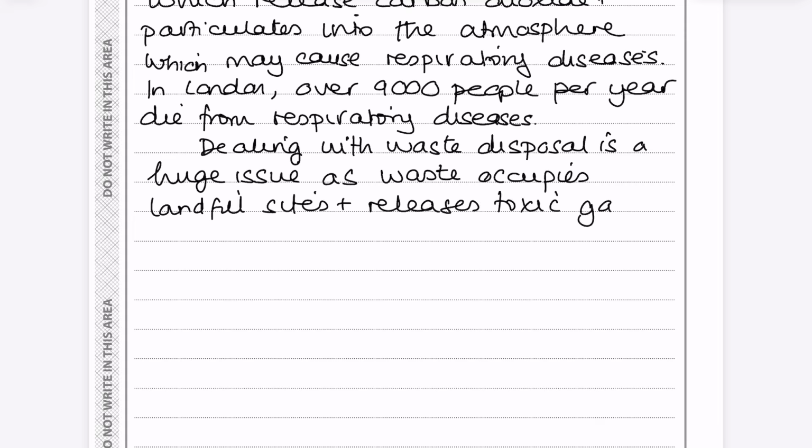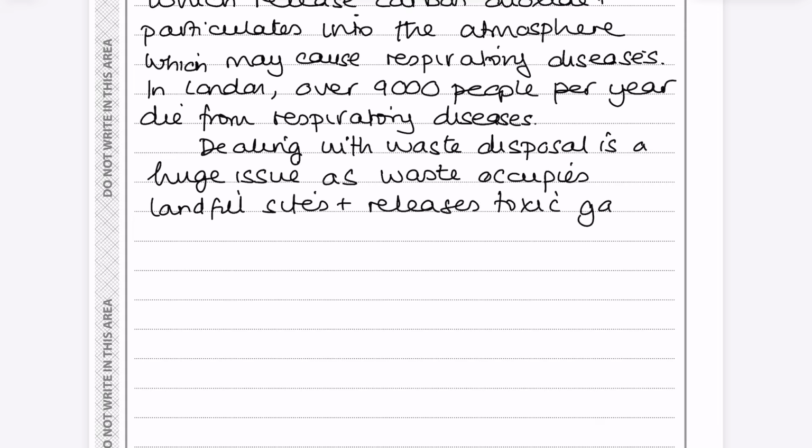New York produces over 12,000 tonnes of household waste every day. Providing enough energy is an extremely difficult task.